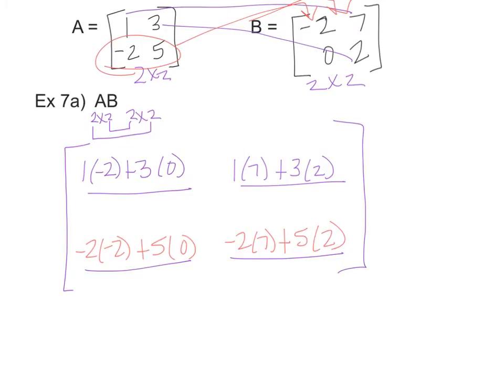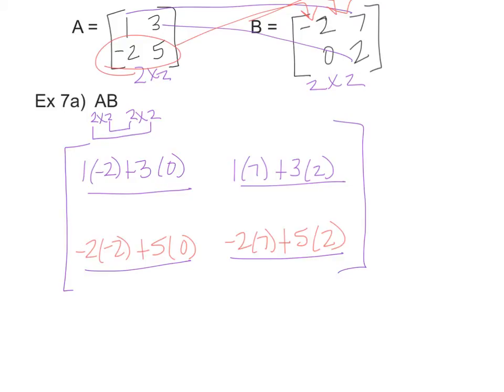And you can always check yourself because notice these match up, negative 2's and 0's, 7's and 2's because those are the columns that go with it. A negative 2, 5, negative 2, 5, 1, 3, 1, 3 because those are the rows that go with it. So you've got that checks and balances associated with it too when you write out all your steps. If you go through and try to skip steps, then you won't have that additional check and balance that you have going for you with this.